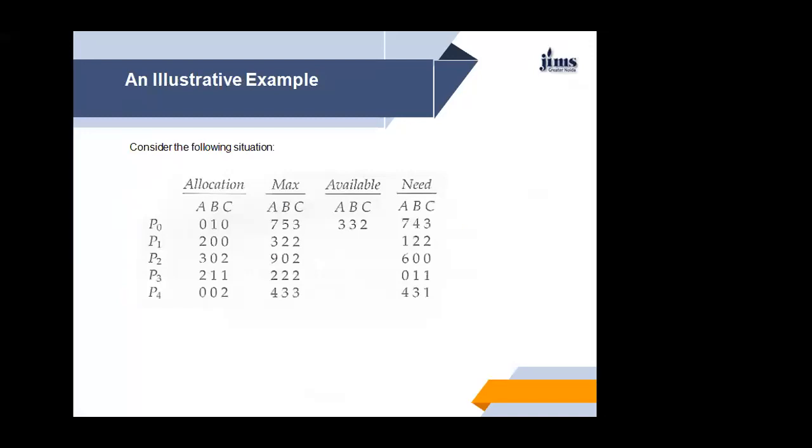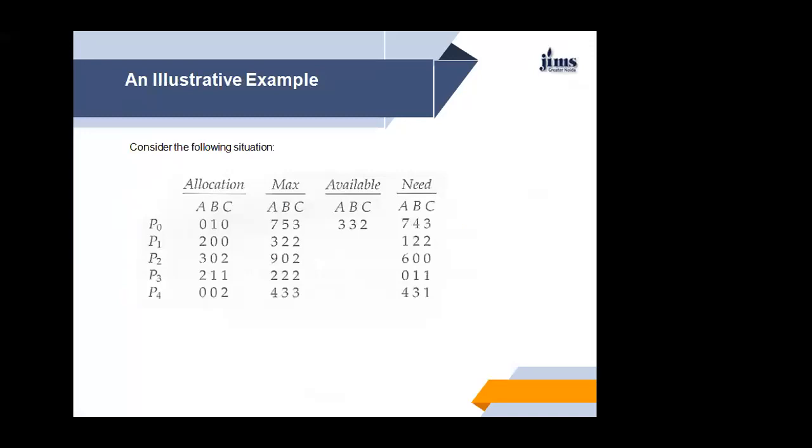Need is calculated by subtracting allocation from max. For process P0, 7 is the maximum and the allocated is 0, so 7 minus 0 equals 7. 5 minus 1 equals 4. 3 minus 0 equals 3. So maximum minus allocation equals need. That is how we calculate need.